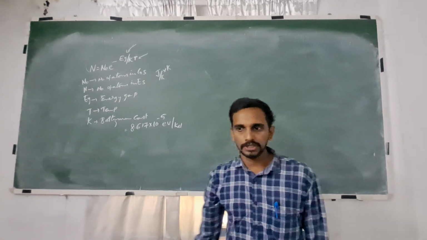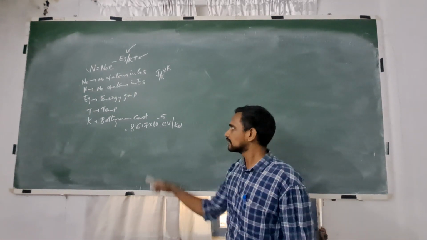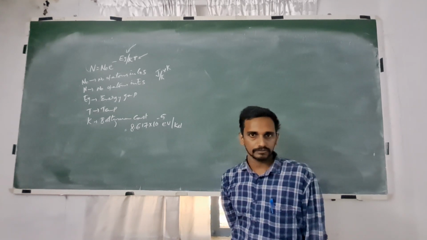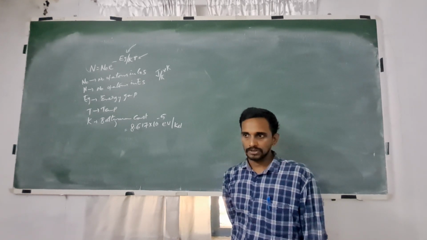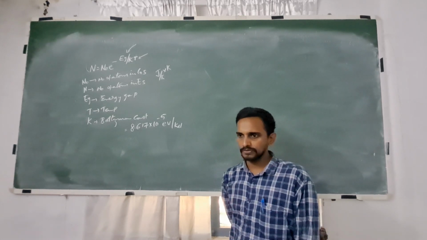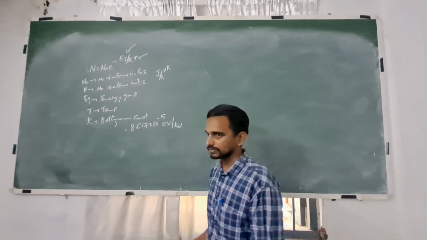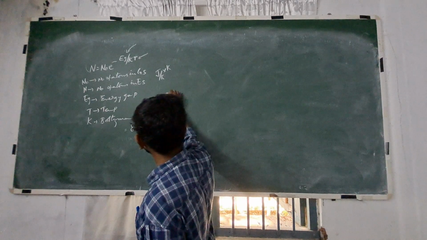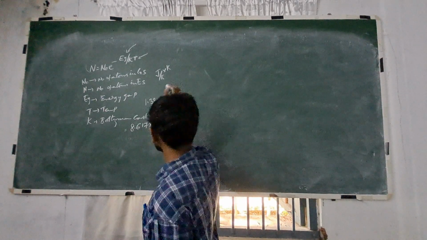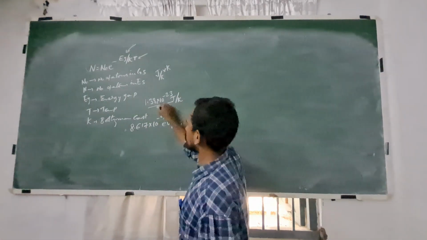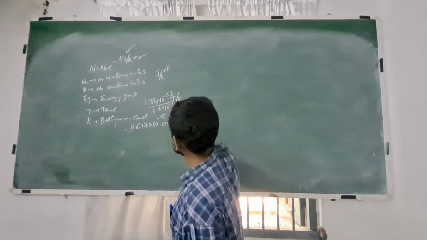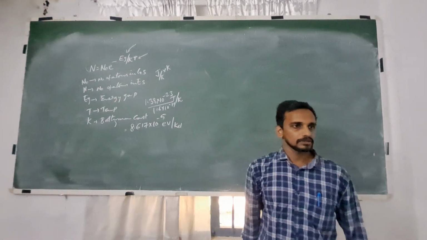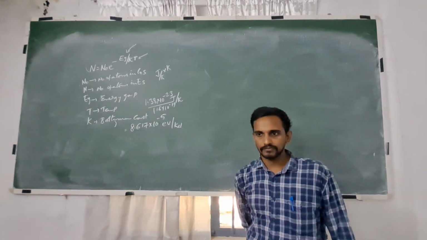The unit of Boltzmann constant is joule per Kelvin. You can convert into electron volts per Kelvin. The value is 1.38 into 10 power minus 23 joules per Kelvin. Divide by 1.6 into 10 power minus 19, and you get the number in electron volts per Kelvin.